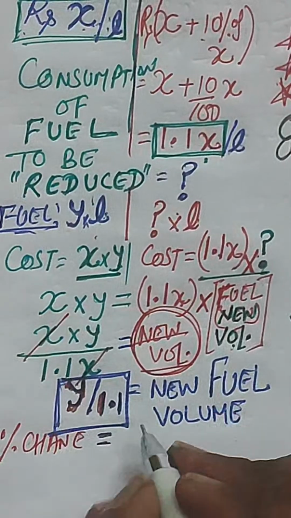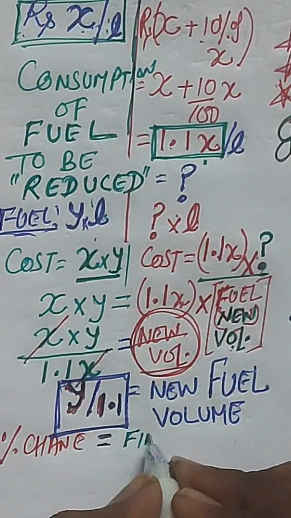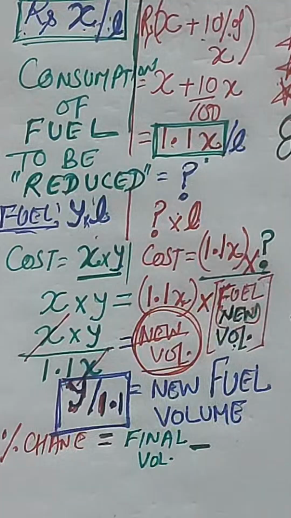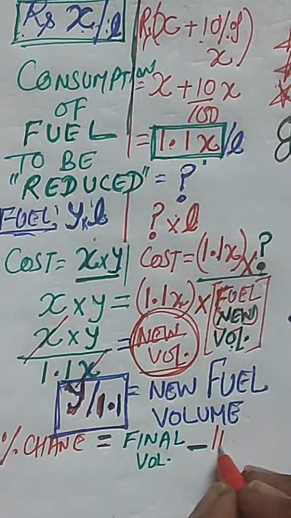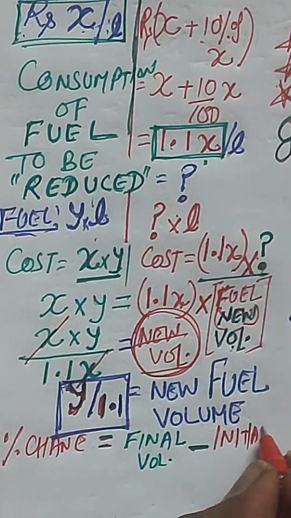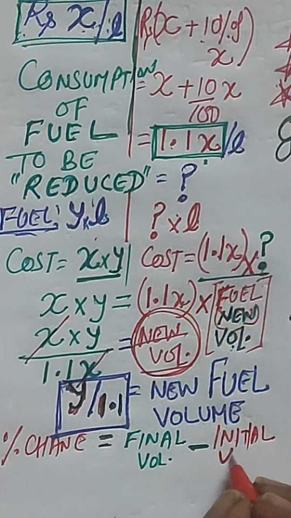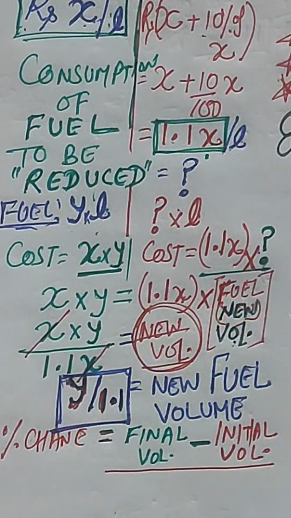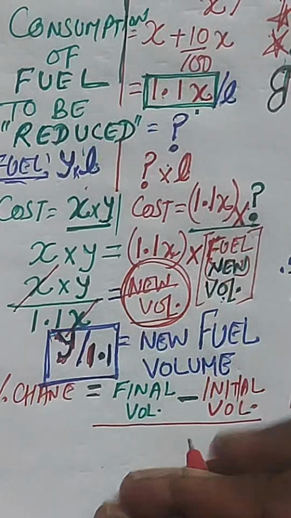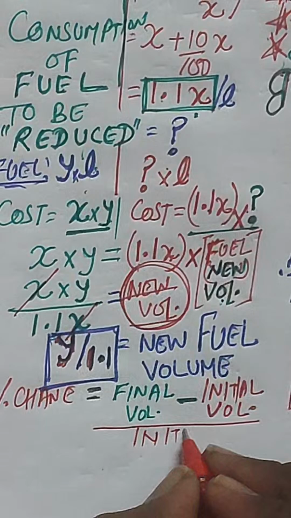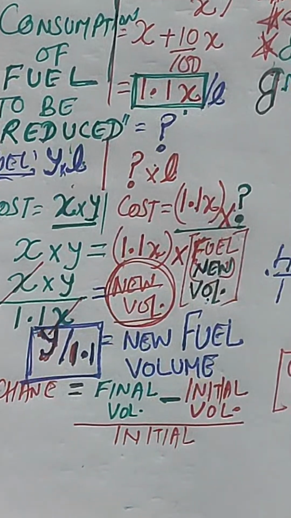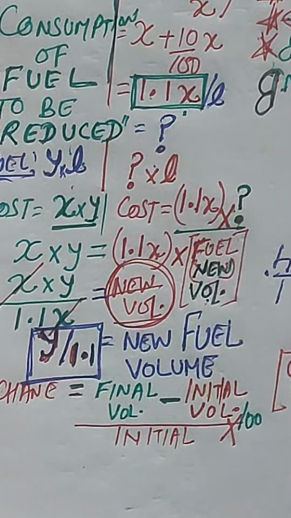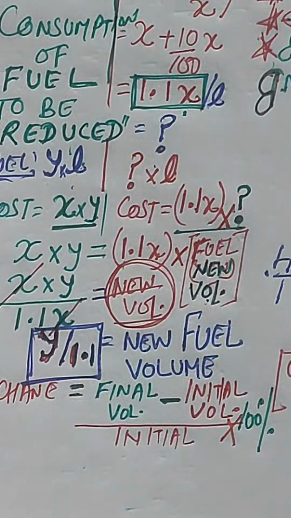That is final volume minus initial volume of fuel, divided by what? Tell me. Divided by the initial volume, right? And all this is multiplied by 100%, right?